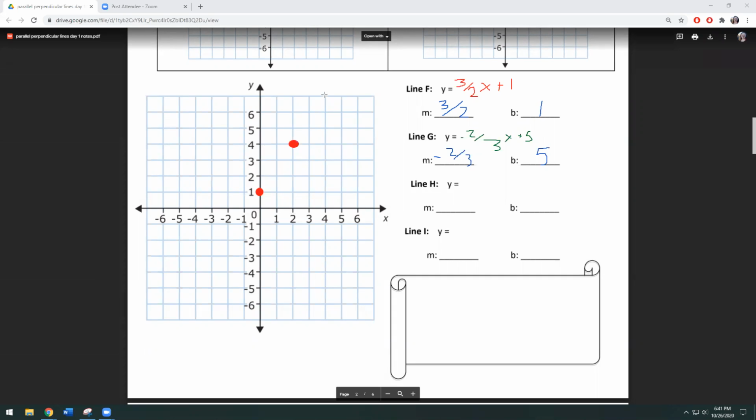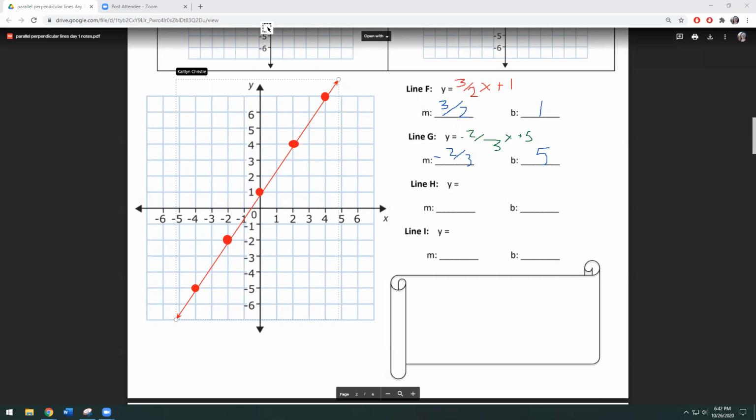And I'm going to go until I reach the end. And then I'm going to go the other way. Down 3, over 2, and again down 3, over 2. And that's as far as I can take it, so I'm just going to draw a line that roughly connects those dots together. There we go.